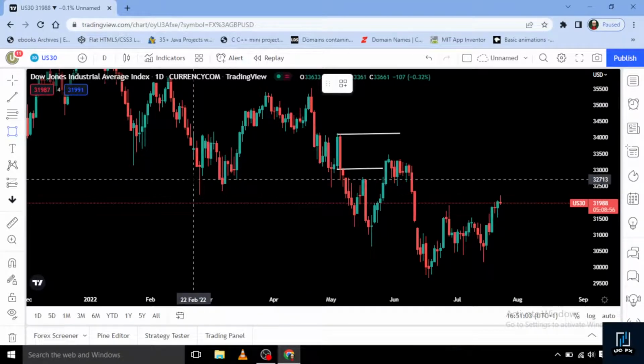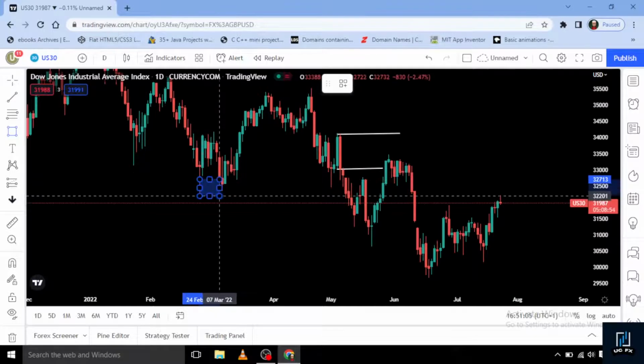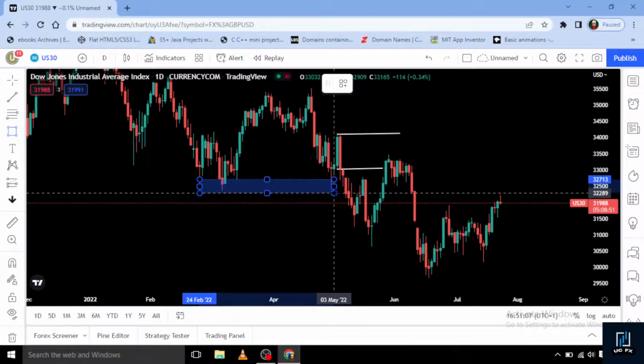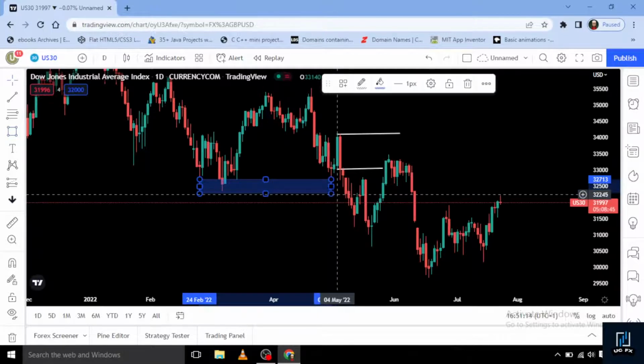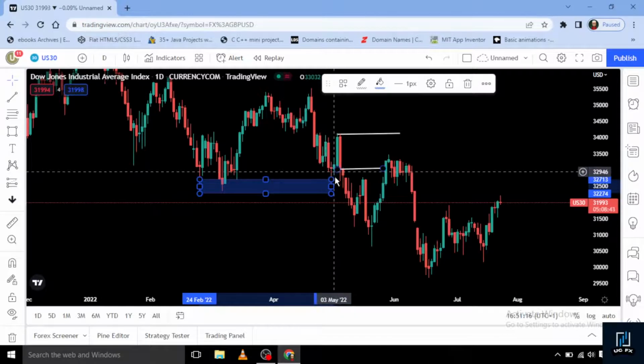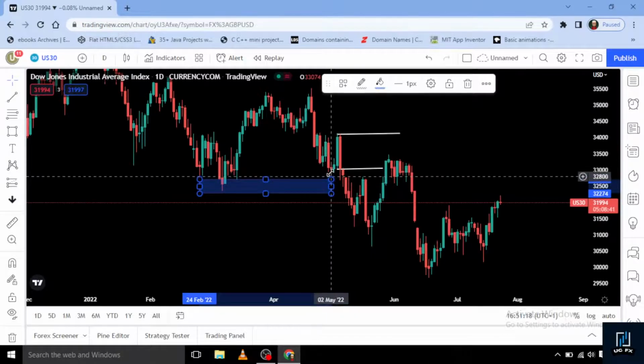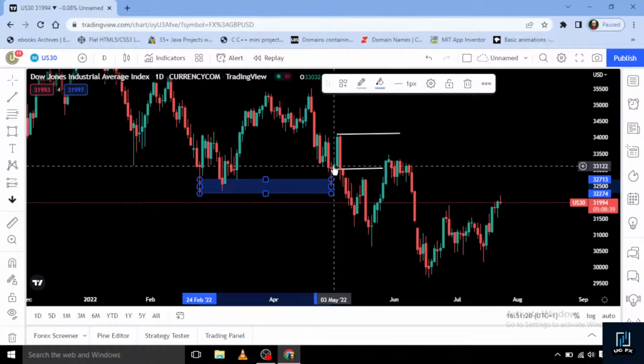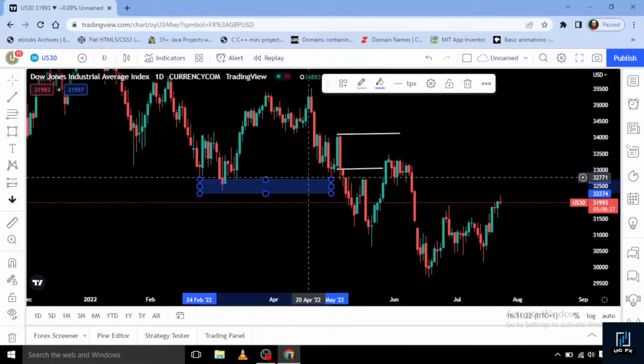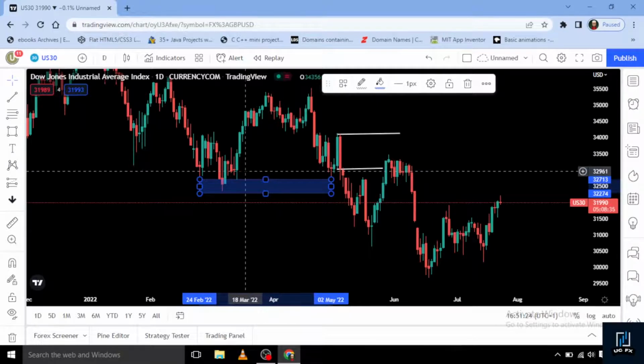Some less informed traders will think that this area is going to act as support to push price up higher. So what smart money does is this: they will try to buy this market inside this area to manipulate less informed traders into placing buy orders.